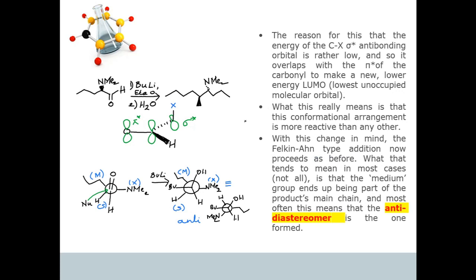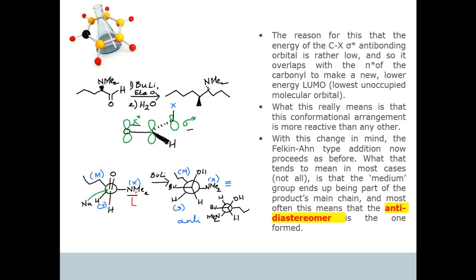Now the reason for this is that the energy of the carbon-halogen sigma star antibonding orbital is rather low, and so it overlaps with the pi star of the carbonyl to make a new lower energy LUMO, lowest unoccupied molecular orbital. What this really means is that this conformational arrangement is more reactive than any other. In our earlier Felkin-Anh model, this place was occupied by a larger group.